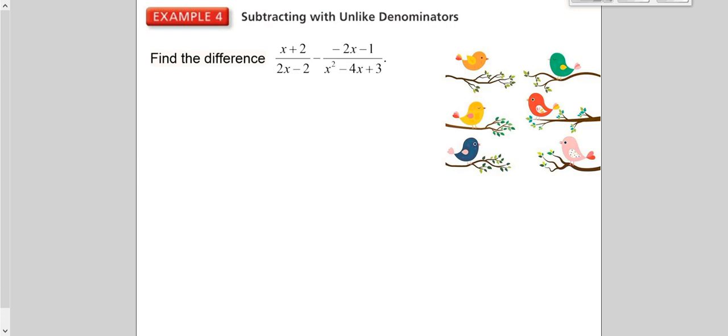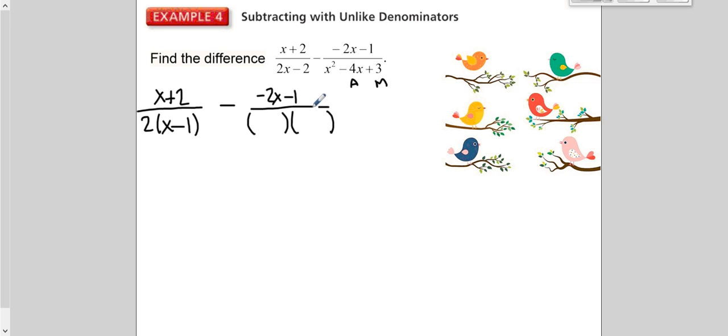Number 4, subtracting with unlike denominators. All right, factor our denominators. Double bubble.